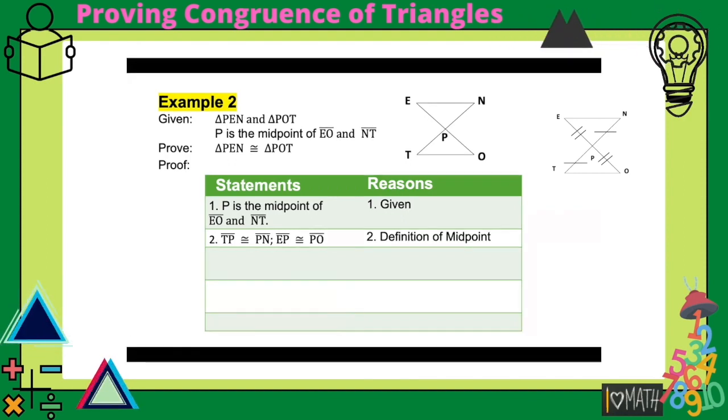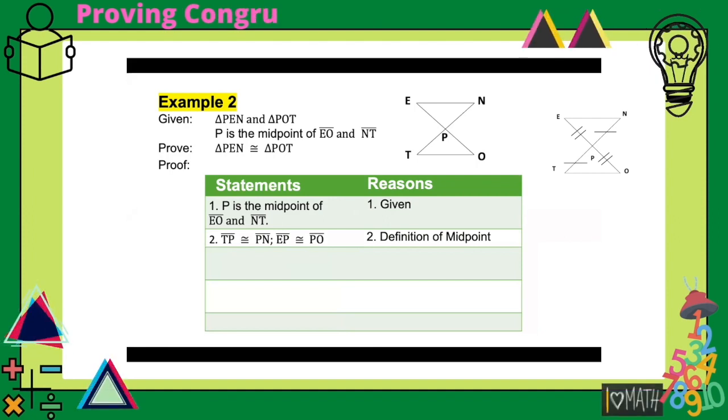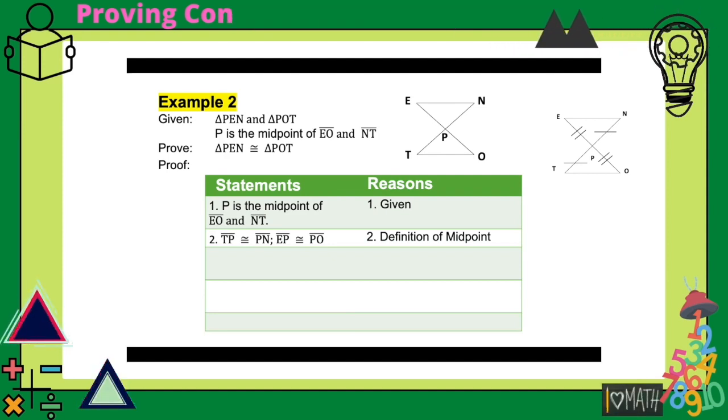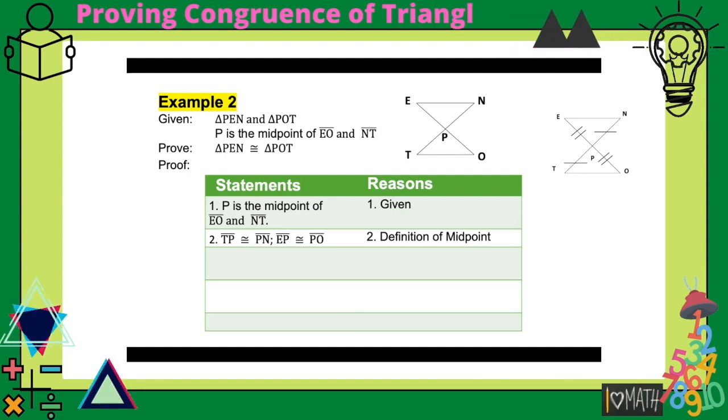Here, to use SAS postulate, we need to establish that their included angles, angle EPN and angle OPT, are congruent. And they are since the angles are vertical.